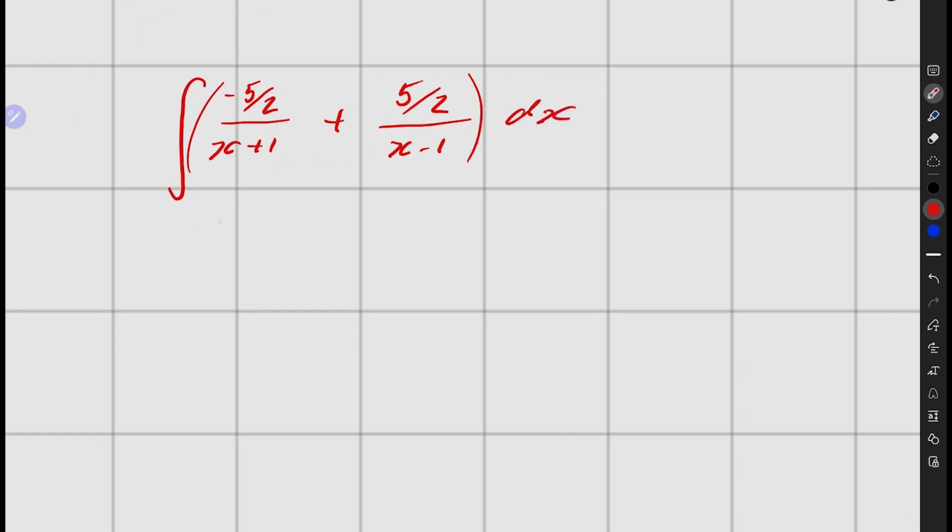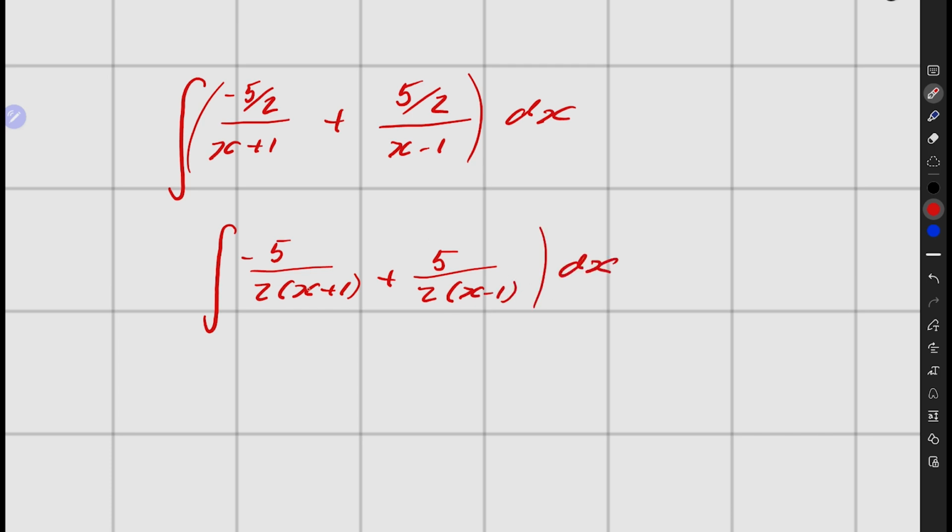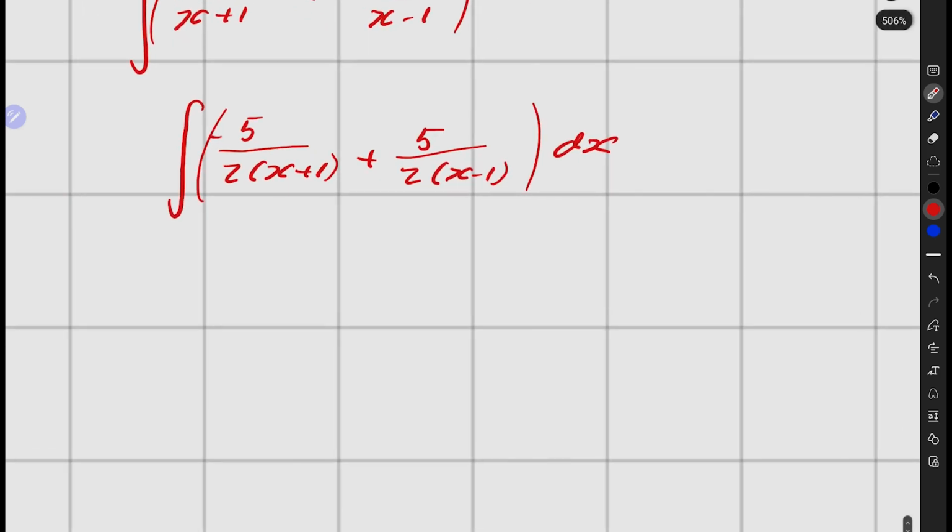Okay, let's simplify this down a little bit. We're going to have minus 5 divided by 2 multiplied by x plus 1, plus 5 divided by 2 multiplied by x minus 1, with respect to x.